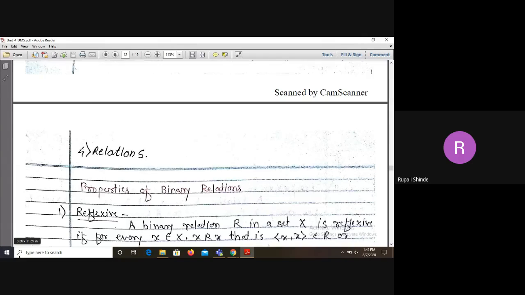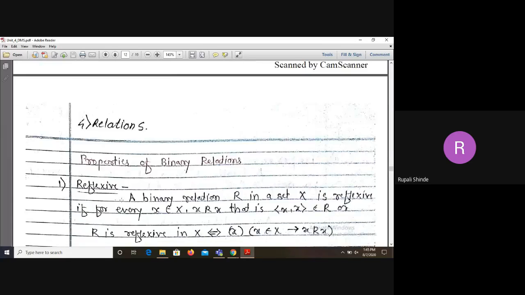The first property is reflexive, second is symmetric, third is transitive, then antisymmetric, and the last one is irreflexive. Now we have to see the meaning of all these properties.